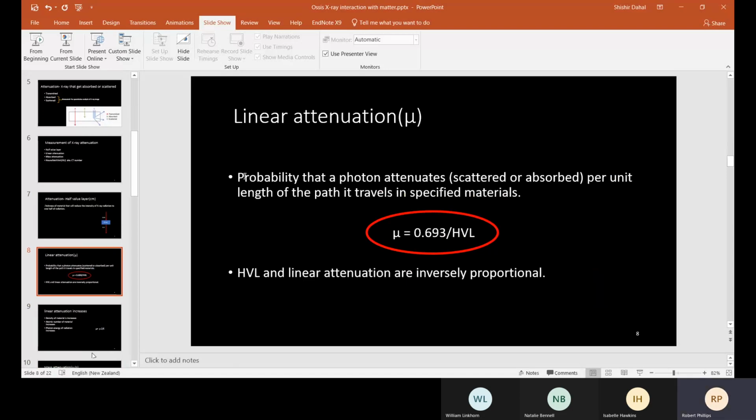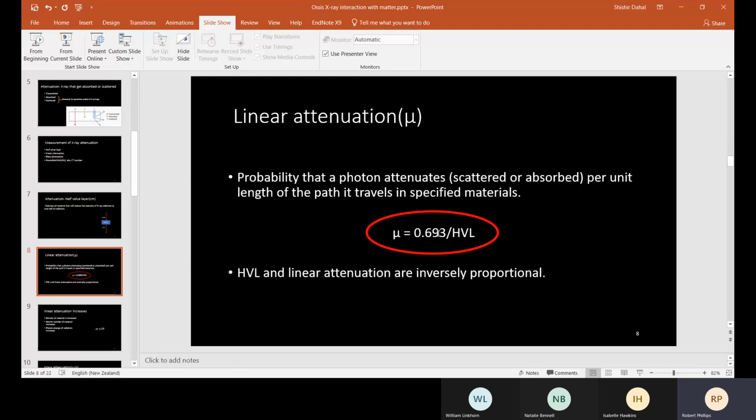And the definition of linear attenuation, it's a bit sophisticated type of measurement as compared to half value layer, is the probability that the photon attenuates per unit length of path it travels in specified materials. But calculation is extremely easy. First, we'll find the half value layer, and then we'll divide.